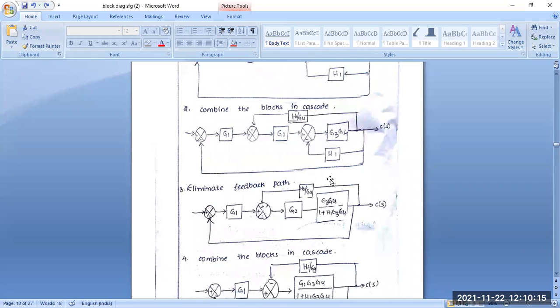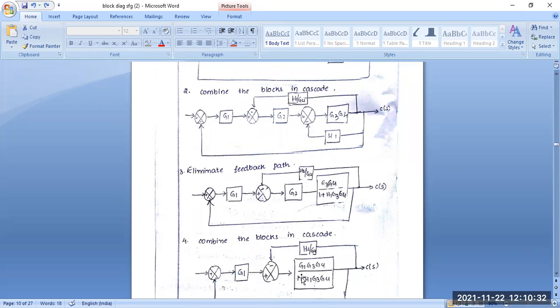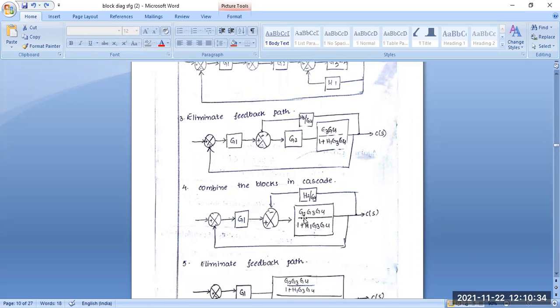Next step. Here you can see there are different blocks available, that means G2 and this other block. So now combine these blocks in cascade, that means G2 is cascaded with this block. The equation comes in the next format, that is G2 dot G3 G4 divided by 1 plus H1 G3 G4 as usual.